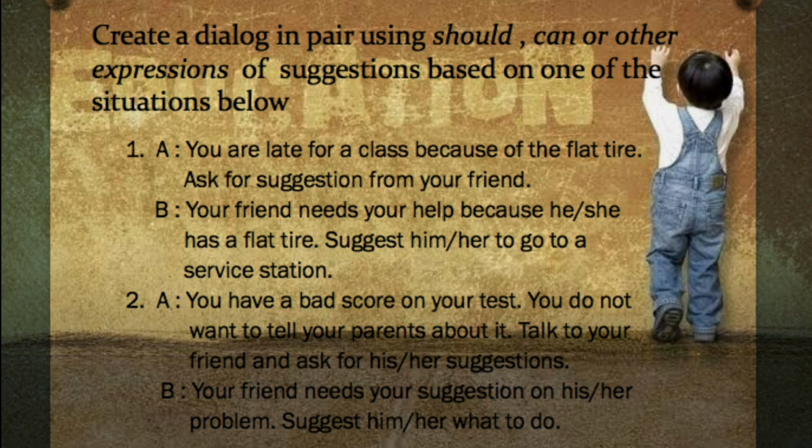The second situation says that you have a bad score on your test. You don't want to tell your parents about it. You talk to your friend and ask him or her to give a suggestion. And in situation B, your friend needs your suggestion on her or his problem, and you suggest what to do.